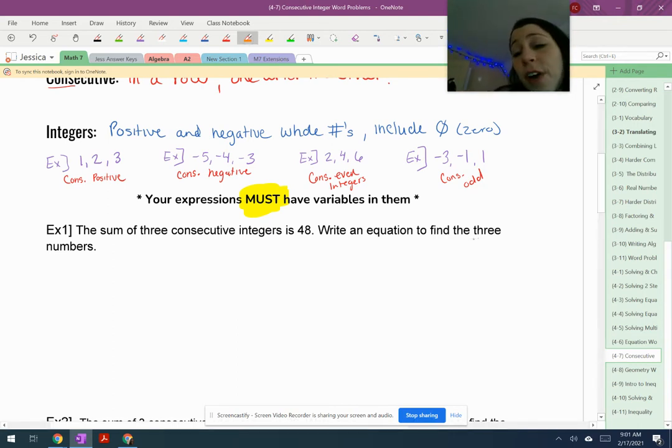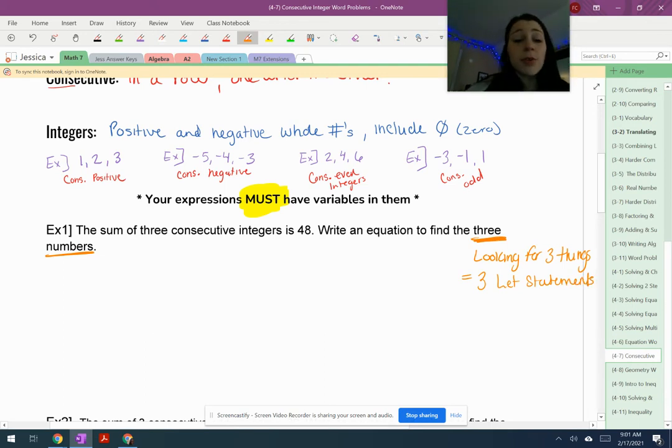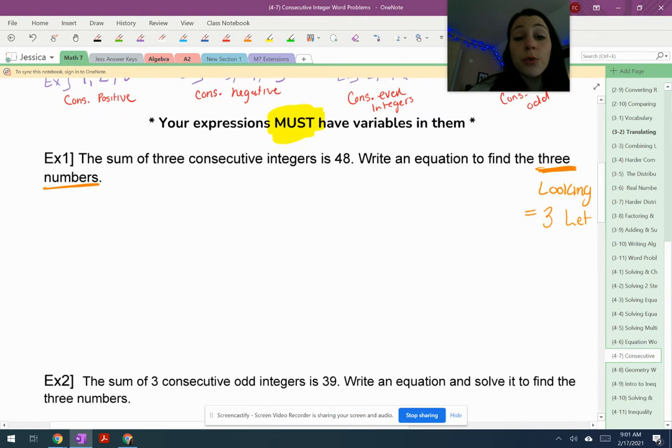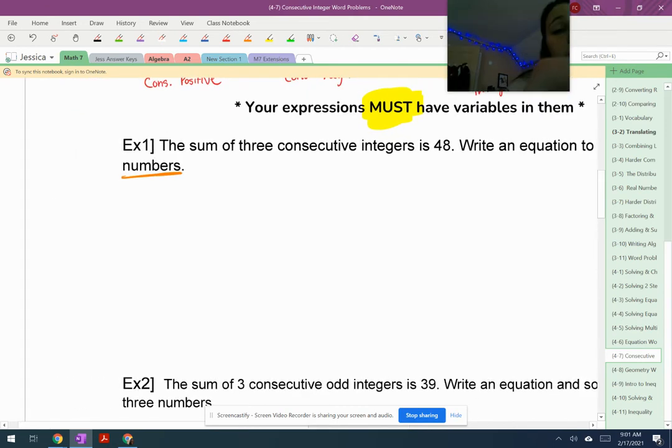Write an equation to find the 3 numbers, which means it's looking for 3 things, which means there should be 3 let statements. And those let statements are going to be for each of those numbers that we don't know about. So I'm going to come off to the side here and write down some let statements.